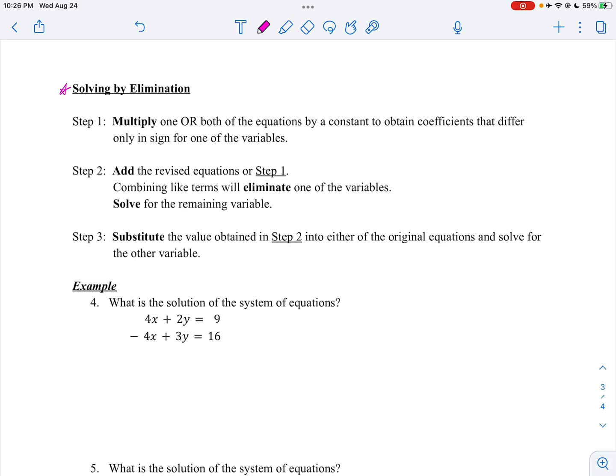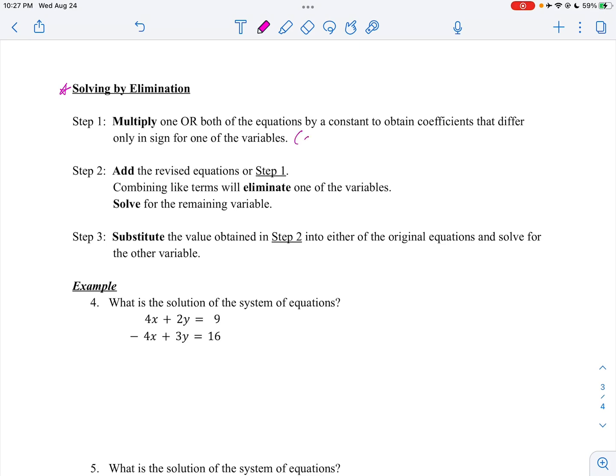The first thing that we want to do is multiply one or possibly both of the equations by a constant, and they can be multiplied by different constants for each equation. But we're going to do that to obtain coefficients that differ only in sign for one of the variables. So what that means is that either your x's or your y's are going to need to have the same number, but opposite signs.